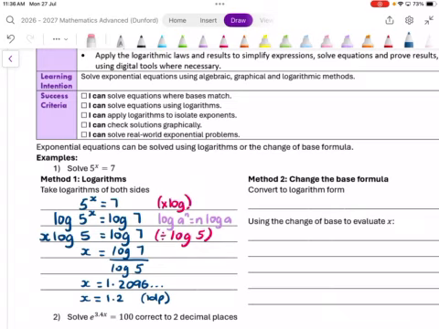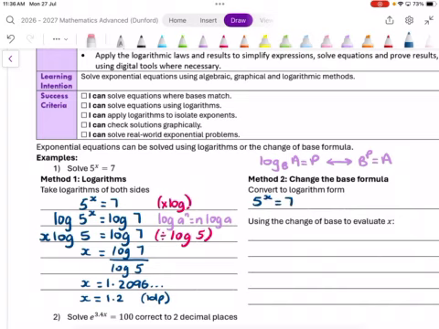Our other method is to use our change of base formula and to convert from an exponential to a logarithm. So we have log base. Log base is something that you need to remember for the rest of high school. With log base, we've been given 5 to the power of x equals 7.